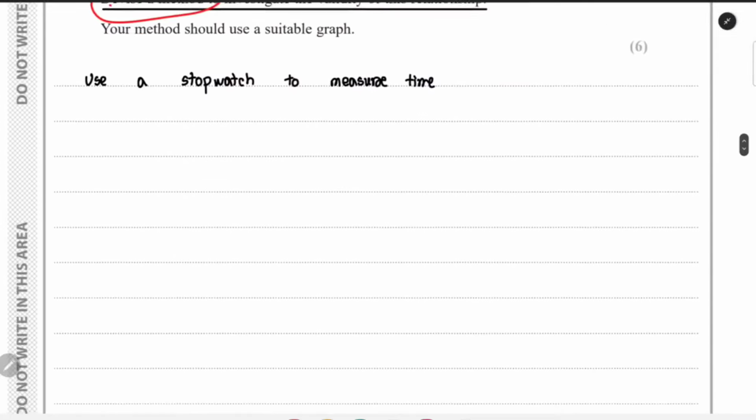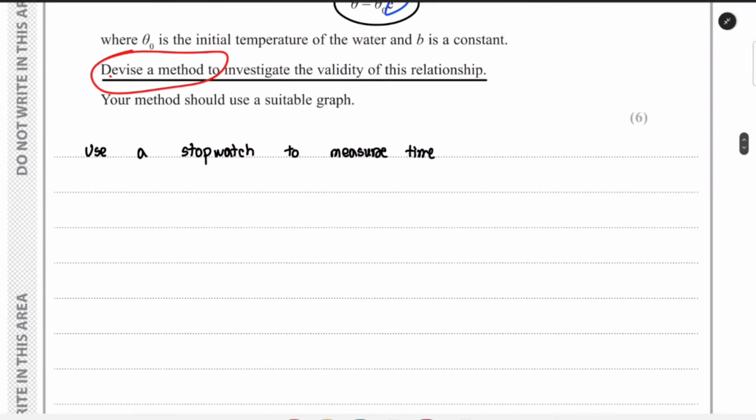So we start the stopwatch when we turn the main switch on.